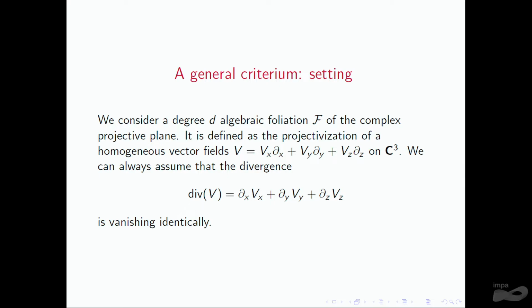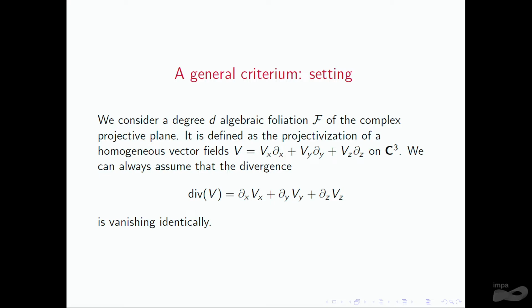To introduce this gradient vector field, I'm going to present a general criterion of structural stability for a foliation of the projective plane. So you start with a degree D foliation of the projective plane. In fact, it is always defined by a homogeneous vector field of degree D on C3, exactly as the Jouanolou foliation was. And this vector field is not well defined because you can add a multiple of the radial vector field. You don't change the projectivization of that vector field, so your foliation.